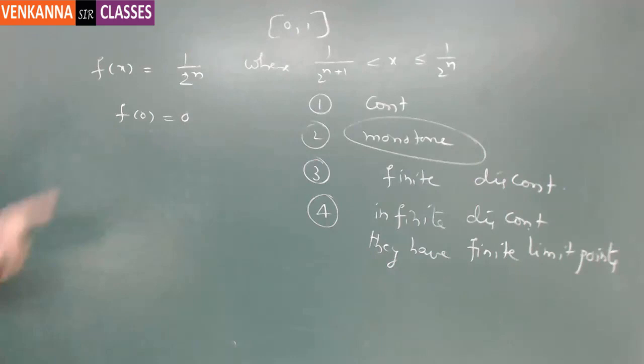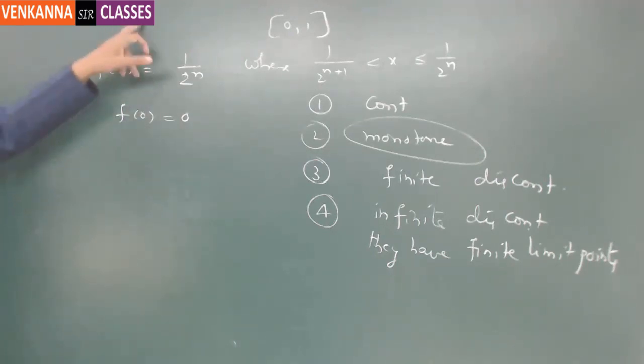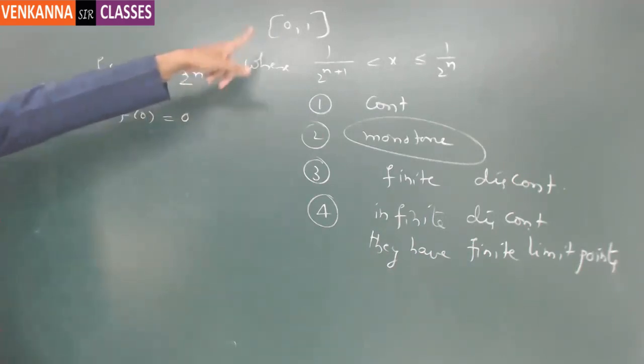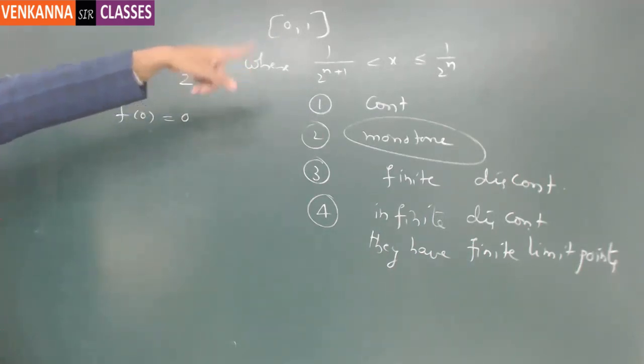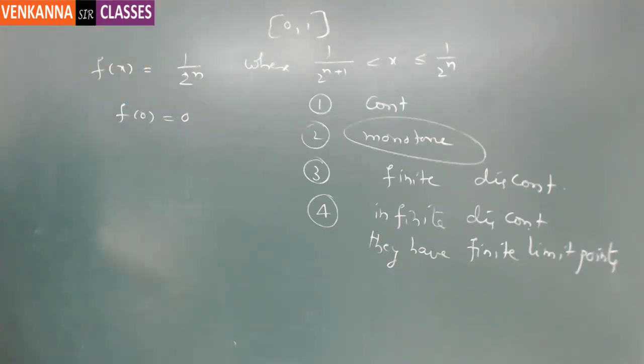The function is defined on the closed interval [0, 1] as f(0) = 0 and f(x) = 1/2^n, where 1/2^(n+1) < x ≤ 1/2^n, for n = 1, 2, 3, and so on.